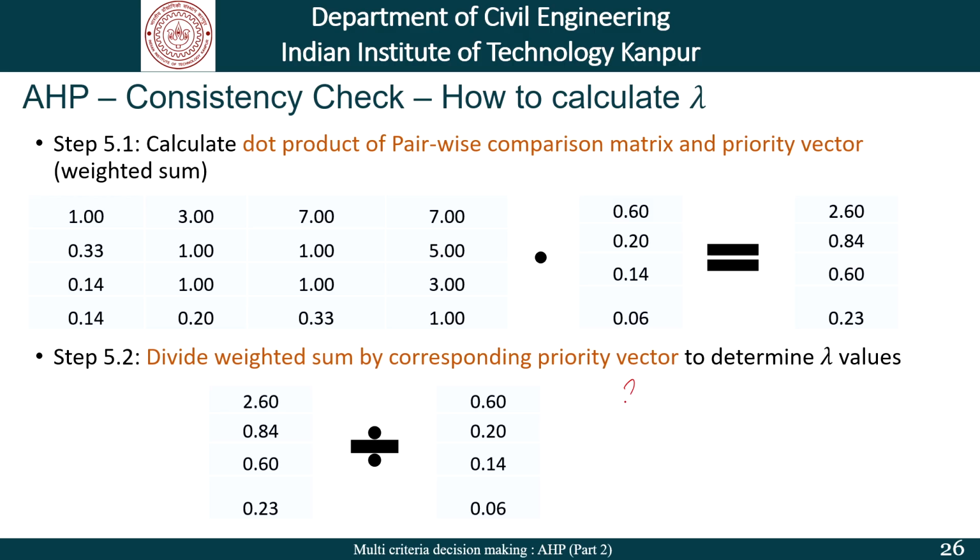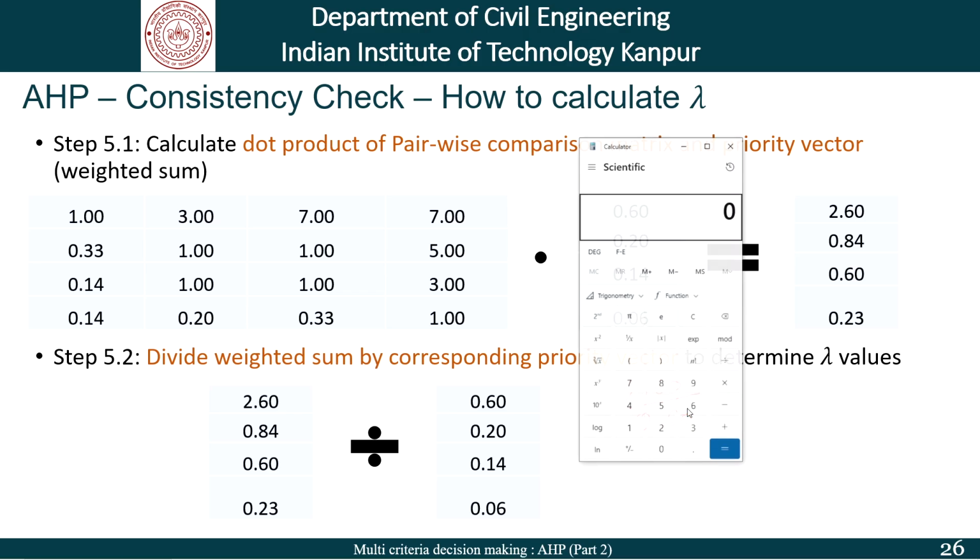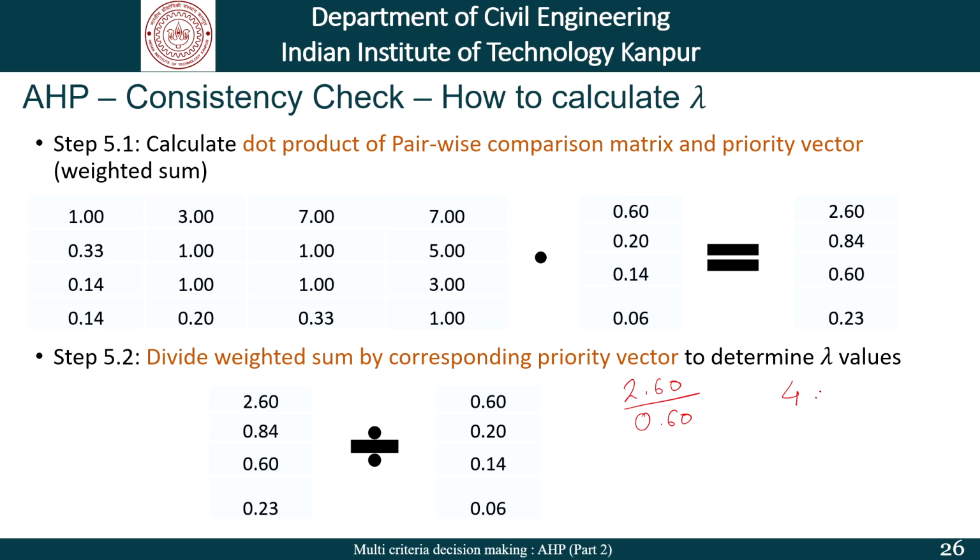So, 2.60 divided by 0.60 will give us lambda 1, which is 4.33. Similarly, you can do this for all the other cells as well. Finally, you will find that the corresponding lambda values are as follows.